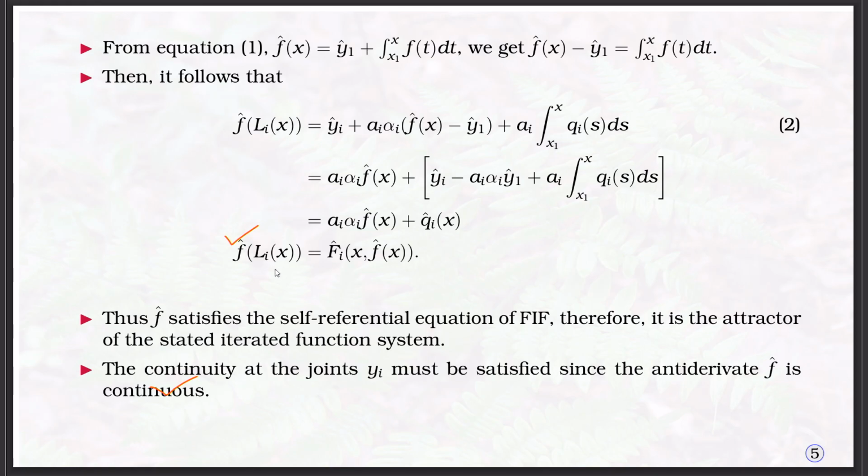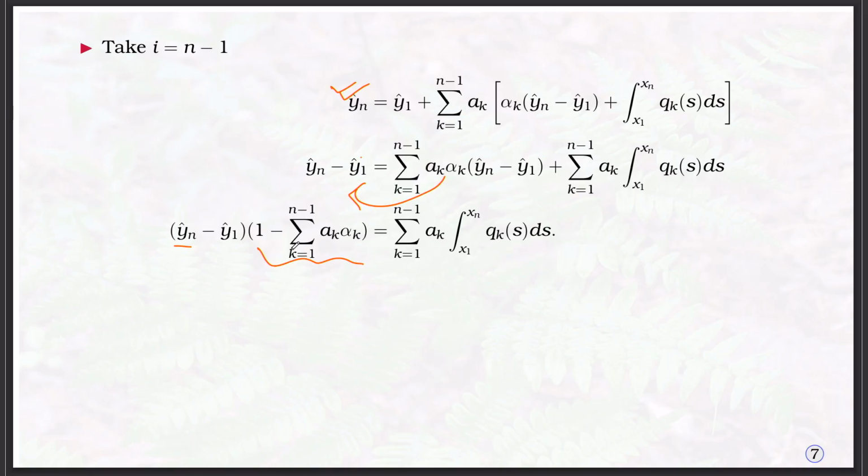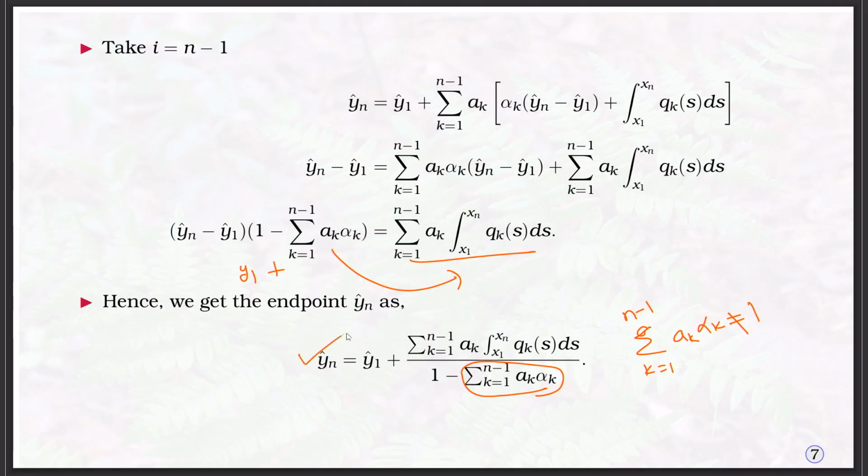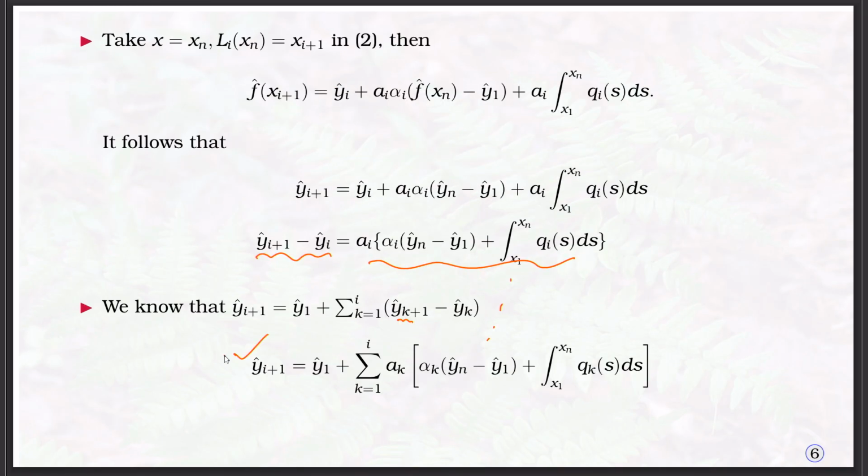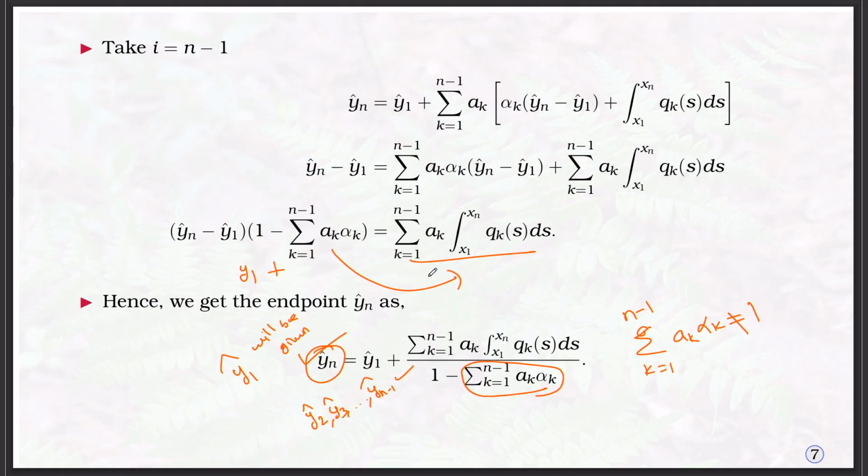For each xi we need to find the interpolating points; the new data points will be estimated by using this equation. y1 cap will be given, and the remaining data points, that means y2 cap, y3 cap up to yn minus 1 cap, will be obtained by using this equation. So the new data points we can generate by using this equation.